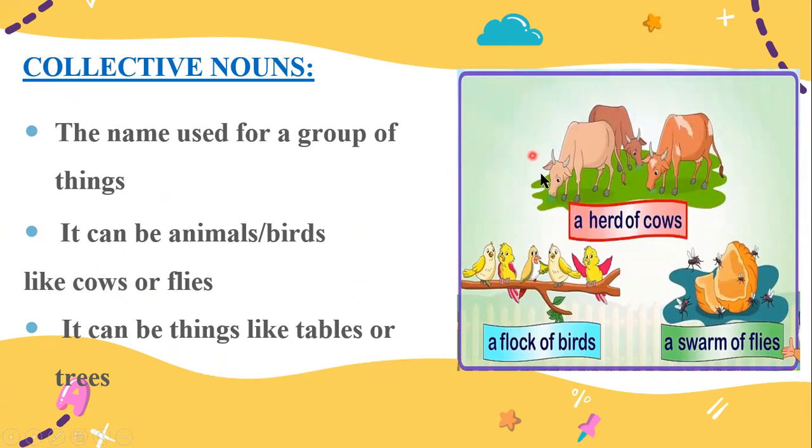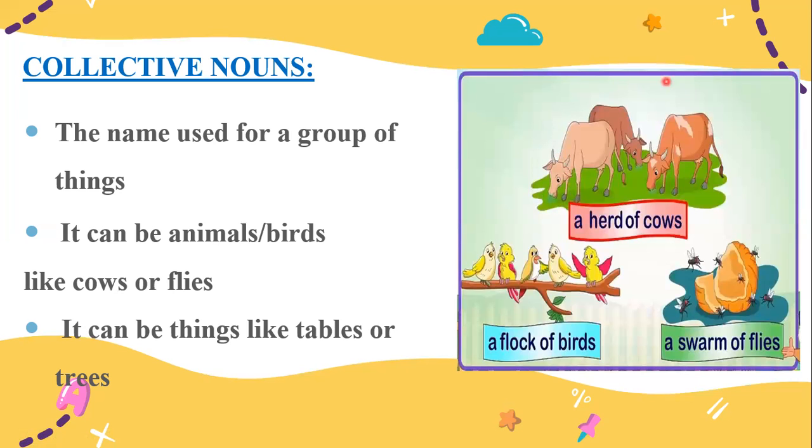Now we have lots of cows. In a group, you will always see certain animals or certain things together. We can say 3 cows. If there are more than 3, will you be able to count? Is it possible? No. So we will not say there are 2 cows, 3 cows, we say there are many cows.